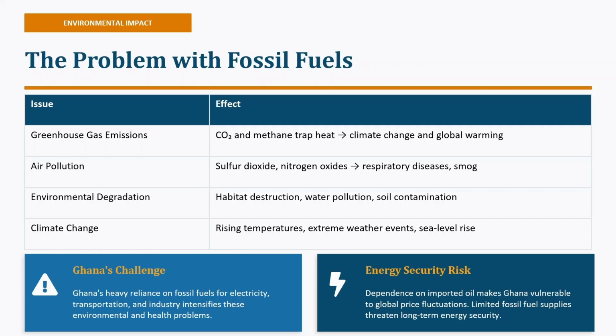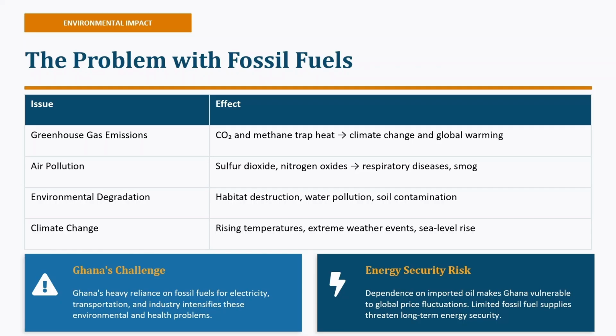And as I already mentioned, it leads to climate change. And climate change is a very critical global situation that the world faces, because there are countries that are highly industrialized, and because of that they produce a lot of emissions into the atmosphere, and this can really change the climatic situation of many countries, such that you will not even be able to predict your weather pattern any longer.